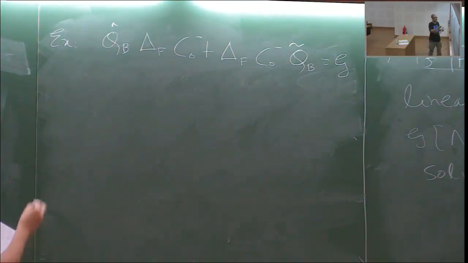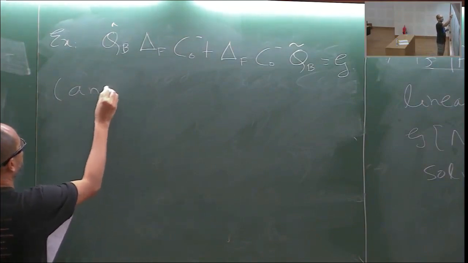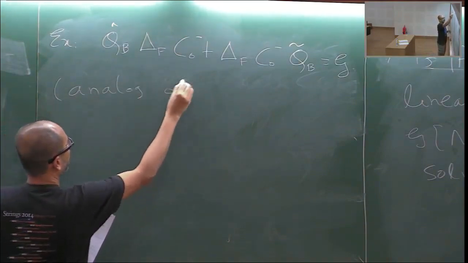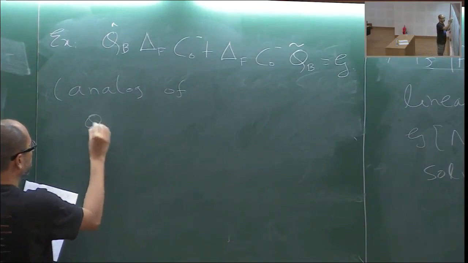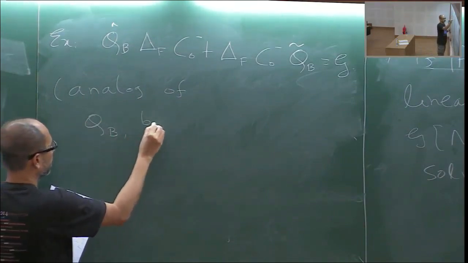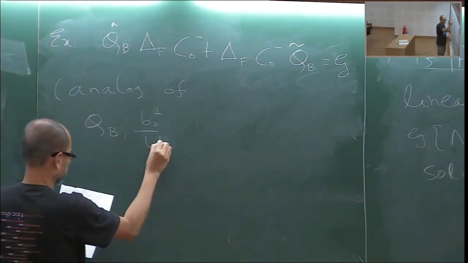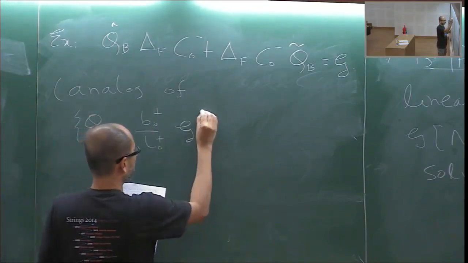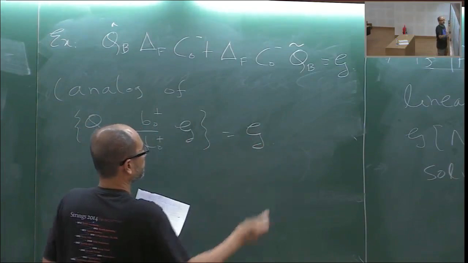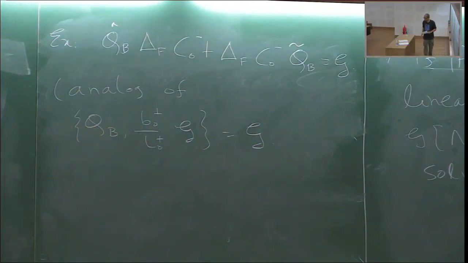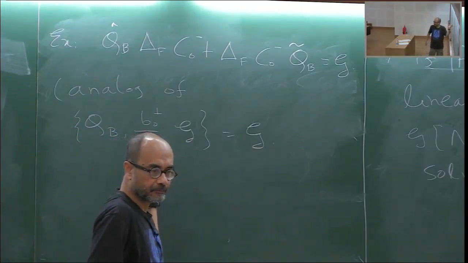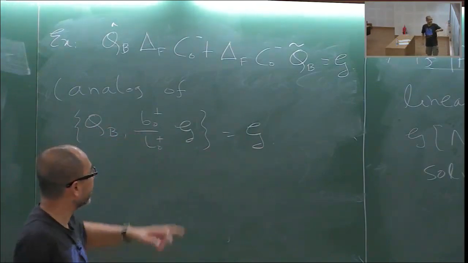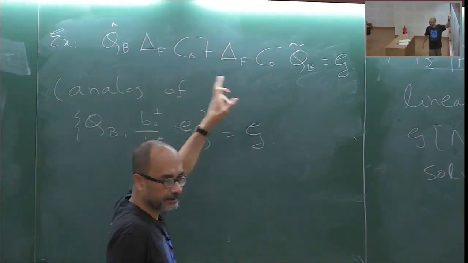Okay. So this is the analog of QB. Remember that this identity played a crucial role in deriving the word identity. The similar role will be played by this identity over here.